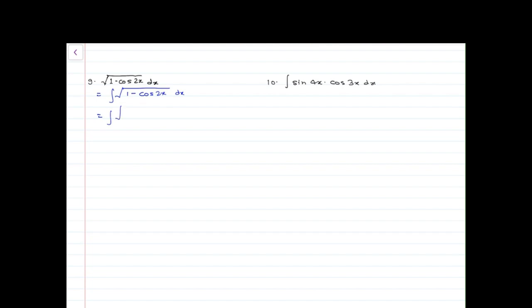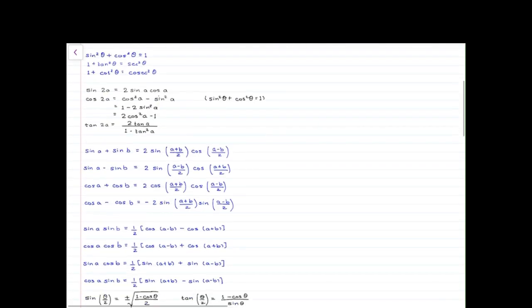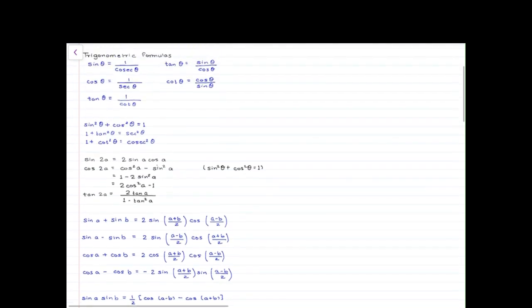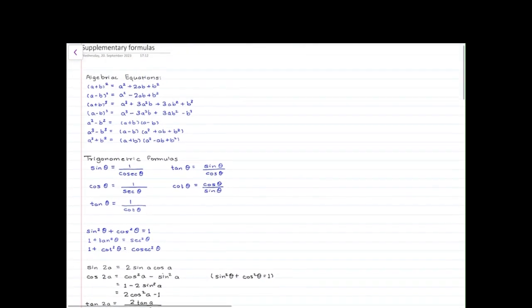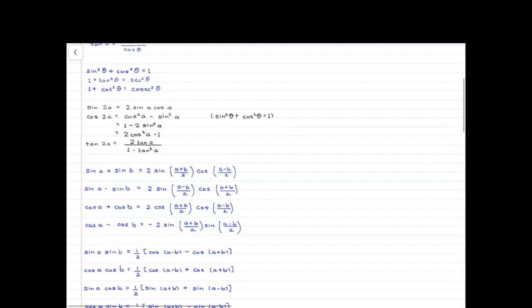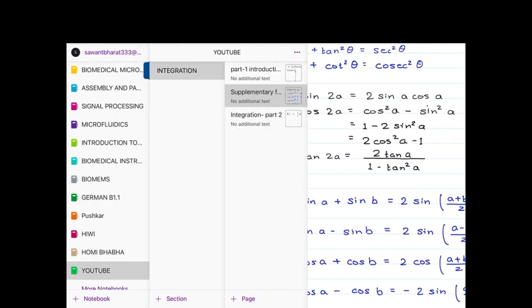Okay, so if I use the formula which is related to sine, it's 1 minus 2 sine square x, right?